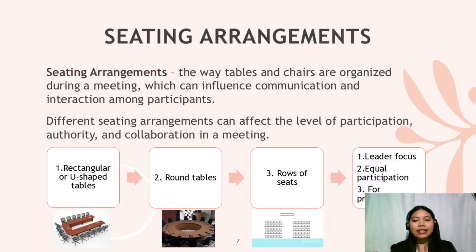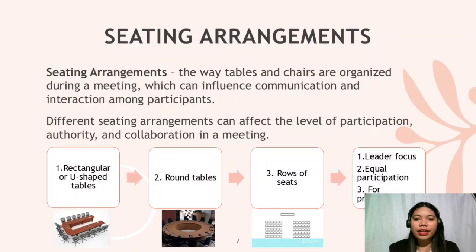On the other hand, a round table or circular seating arrangement encourages equal participation because everyone can see each other easily. This type of arrangement is often used in group discussions or brainstorming sessions.